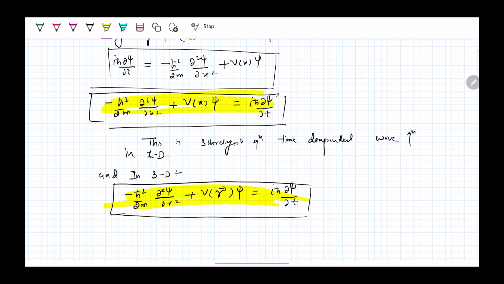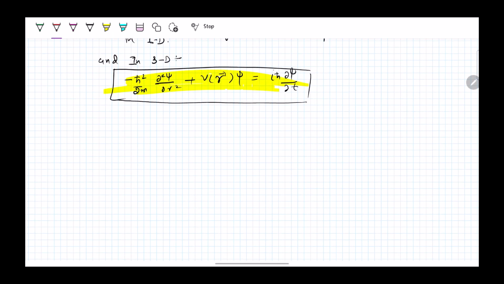And what about the time independent Schrodinger's wave equation? So let's take this second one as the time independent Schrodinger's equation. This case is a very important special case of Schrodinger's equation.